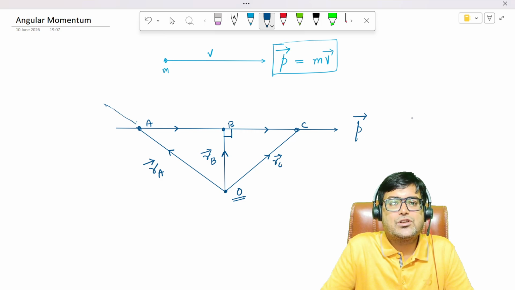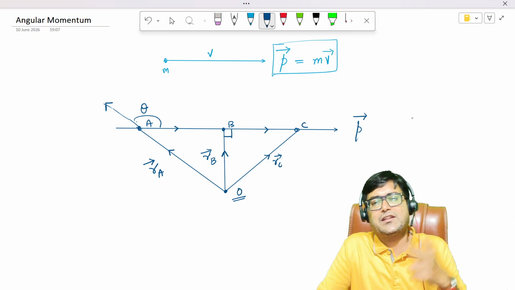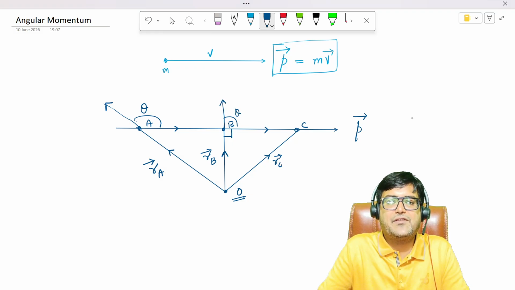Okay. Now, let us also find the angles. If I extend this line of RA, then this is the angle theta between the position vector RA and the momentum vector. Similarly, this is the angle theta, which is 90 degrees at B, and the angle at C is theta here.